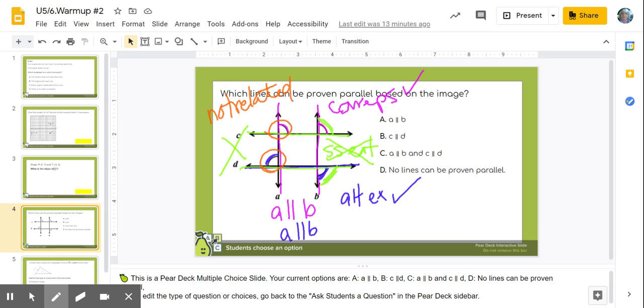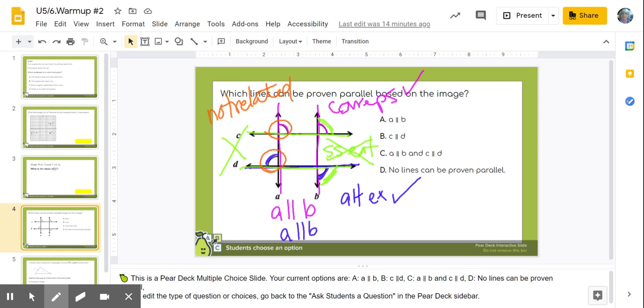So if we go back to the beginning, and you really do have to go through all of these steps, we looked at the two pink angles that were corresponding. They were supposed to be congruent, and they were marked congruent, so A and B are parallel. We looked at the two blue angles, and the blue angles are alternate exterior. They should be congruent. They're marked congruent, so A and B are for sure parallel. But then we looked at the green angles.